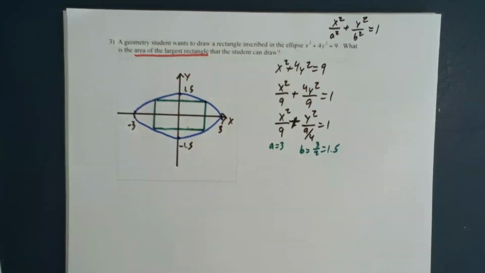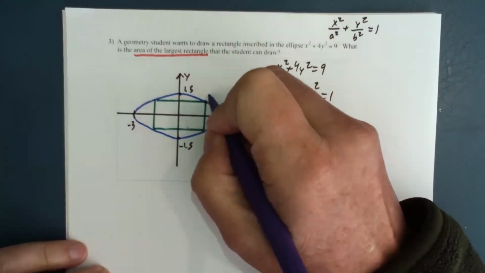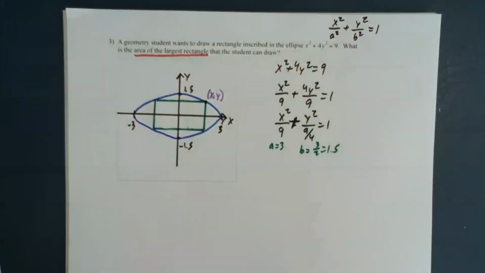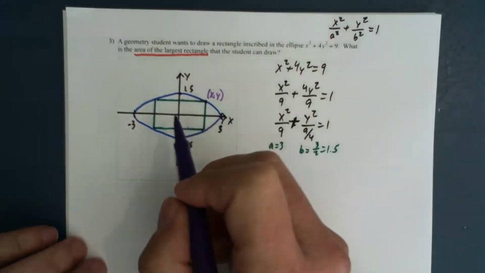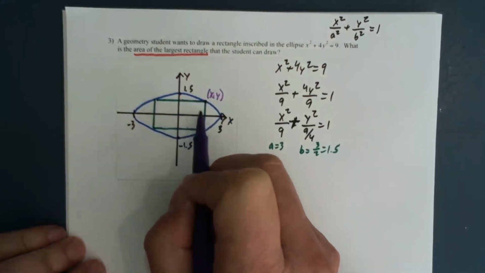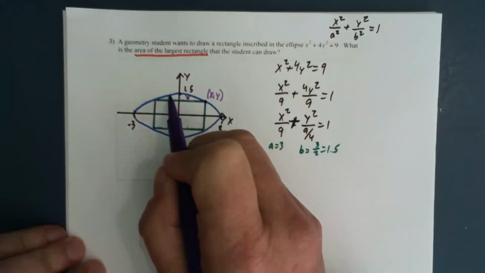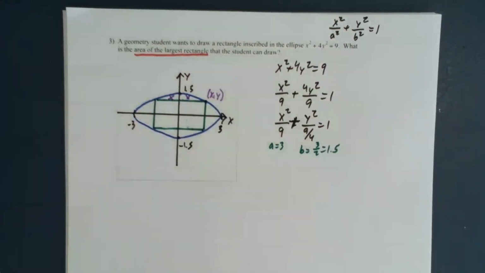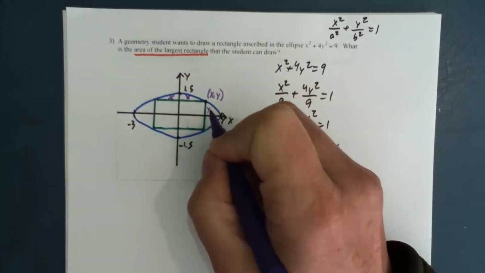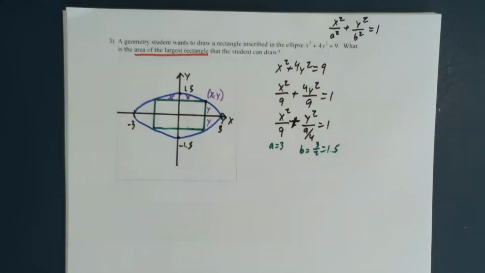Now, the way that we're going to do this is we're going to call this point on the ellipse (x, y). And I want to point out that for this rectangle, the distance from here to here is x, which means the distance from here to here is also x. That also means that this is y, and that's also y. All right.